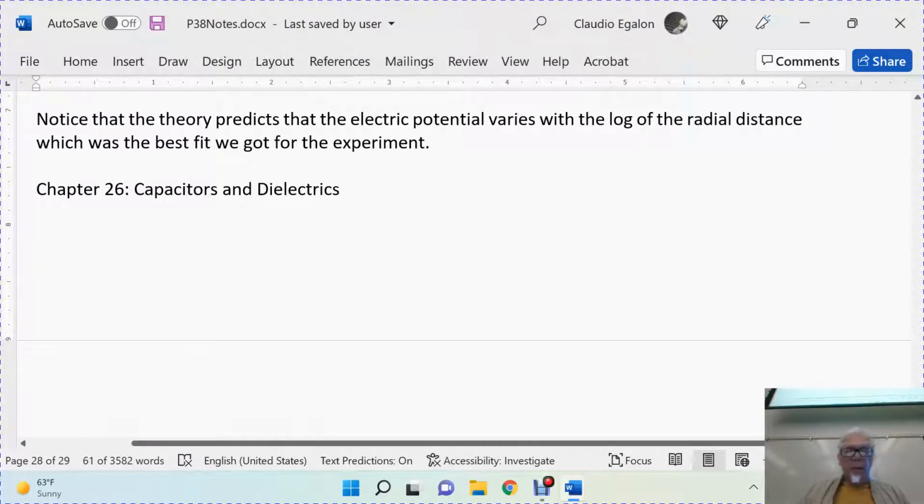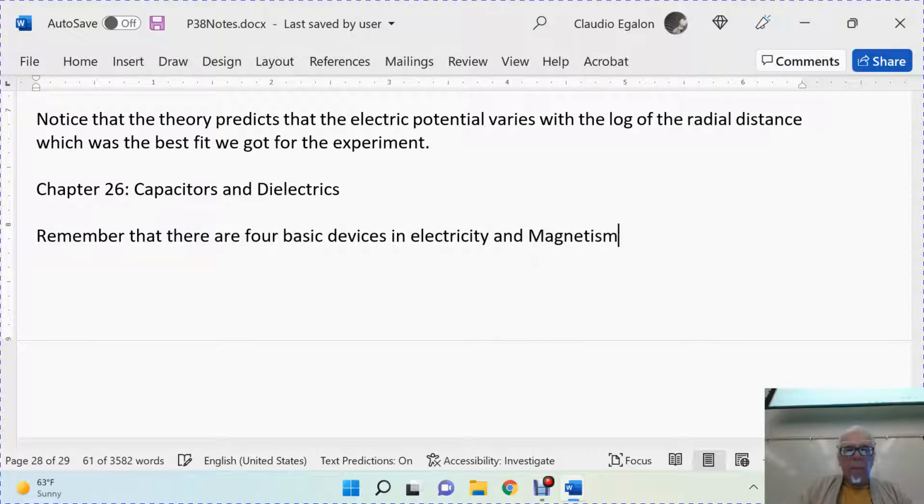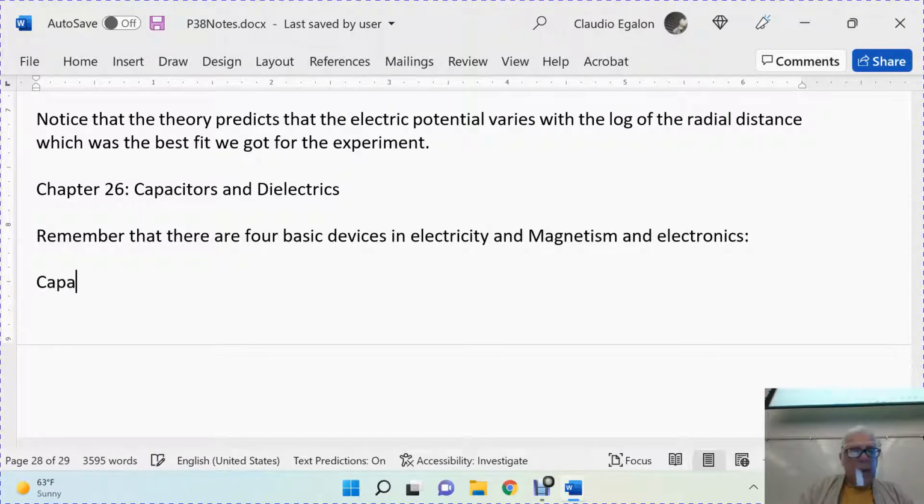Okay, capacitors and dielectrics. Remember that there are 4 basic devices in electricity, magnetism, and electronics. They are the capacitor, the resistor, the inductor, and the transistor.